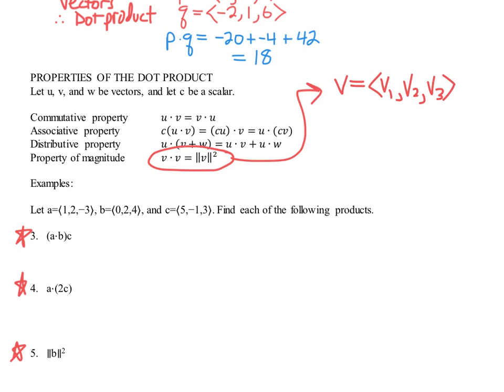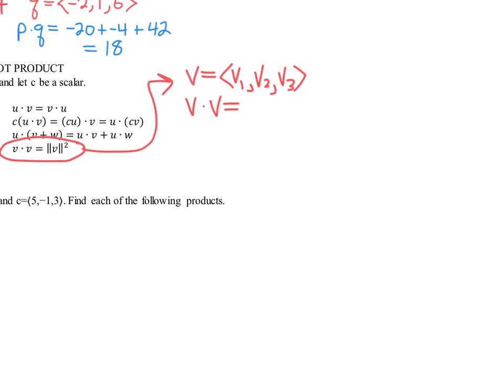I try to stay away from subscripts, but in this case it seems to make sense. It's vector V, first dimension, second dimension, third dimension. You could do that too, either way. So if I want to find the dot product of V with itself, I would be taking V1 and squaring it, adding to that V2 squared, and then adding to that V3 squared.